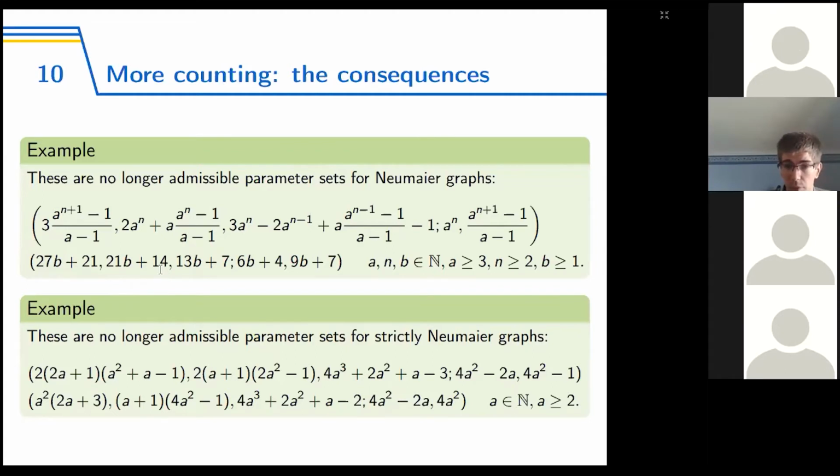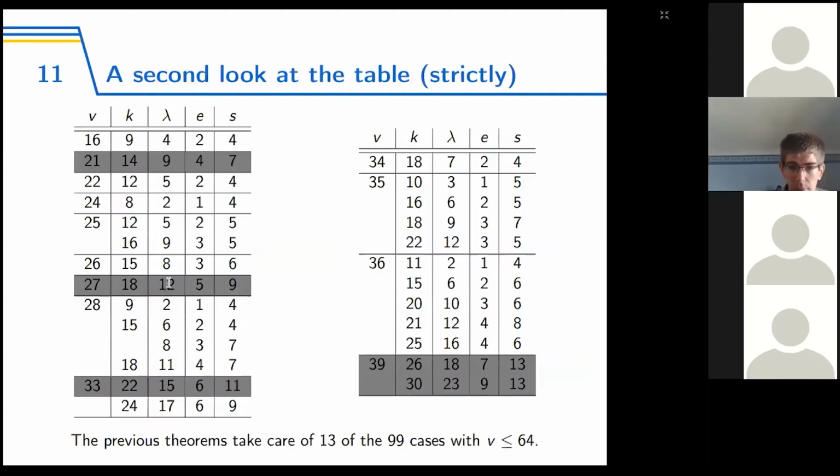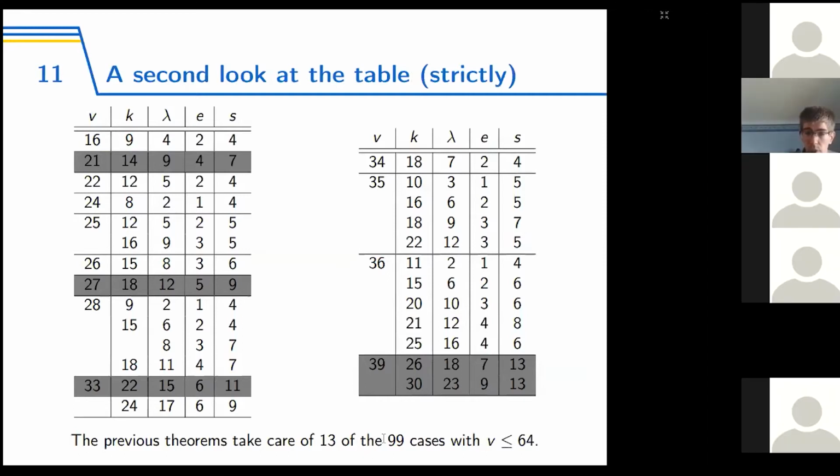You could ask yourself, is this a lot? Well, if I look at the table from before, you see 5 of these cases we don't have to look at anymore. They're now disproven to exist. And in general, for the 99 smallest cases, with the number of vertices at most 64, 13 are now no longer admissible. So that's good.